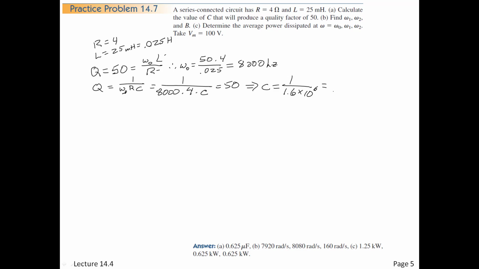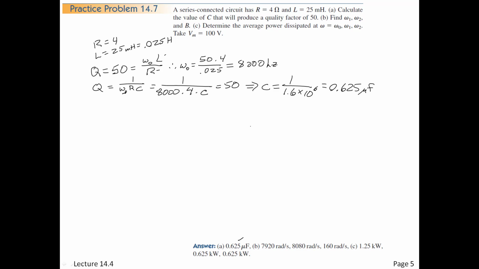So that looks like 1 over 1.6, that's about 0.625, and 10 to the 6th here makes this microfarad. Okay, and I see that's what he's got down here.